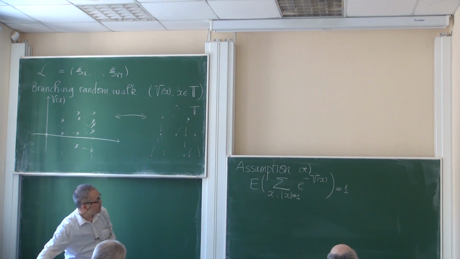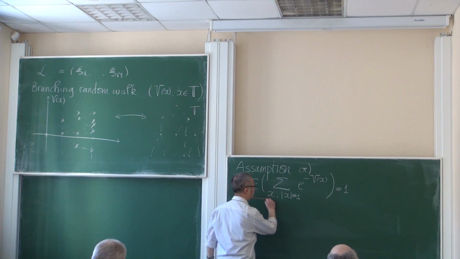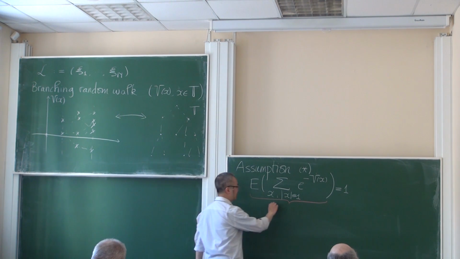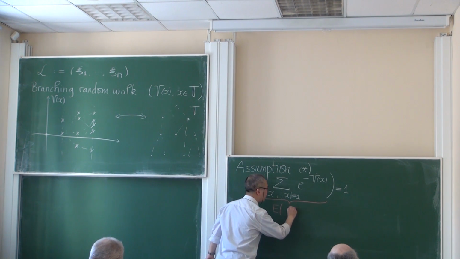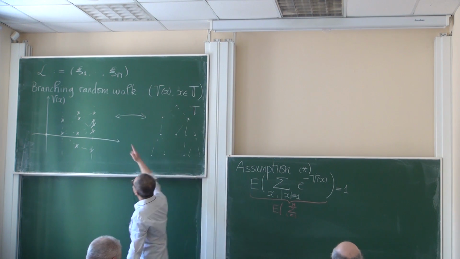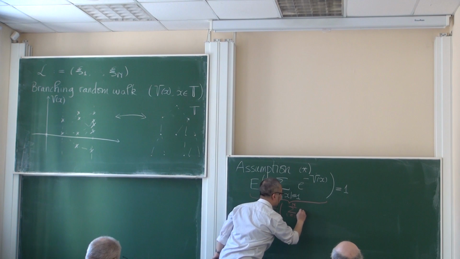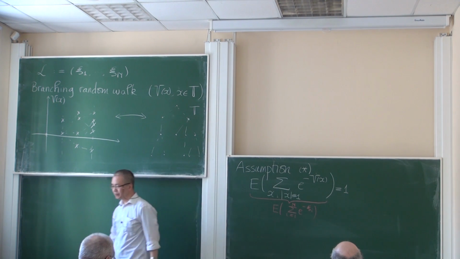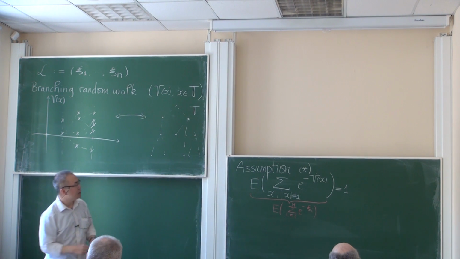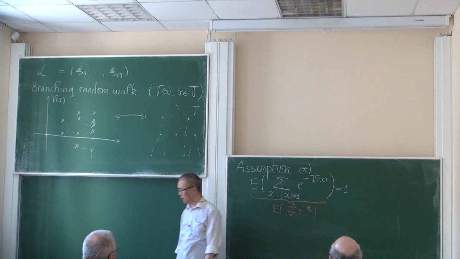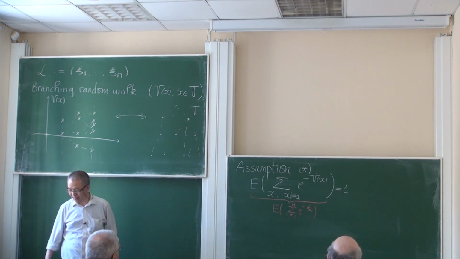This is only part of the assumption. So let me remind you that by definition, it's nothing but the expected value of the sum over everybody in the random vector capital L of e to the minus psi i. It's identical, yes? But I prefer to write it in terms of the branching random walk instead of in terms of the random vector capital L.